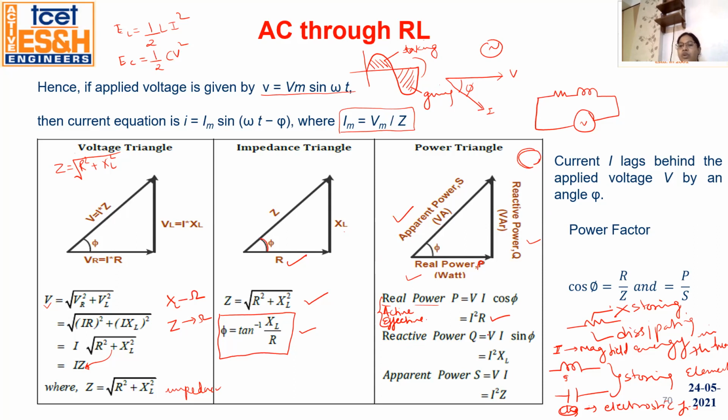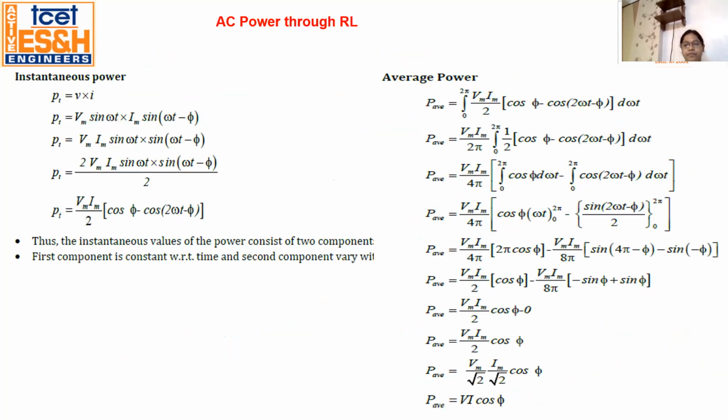Reactive power Q is equal to VI sin phi. We also represent it as I square multiplied by XL. And apparent power S is equal to VI, equal to I square into Z. This is the total power supplied to the circuit, and this total power is divided again into two parts, P and Q, active and reactive power.